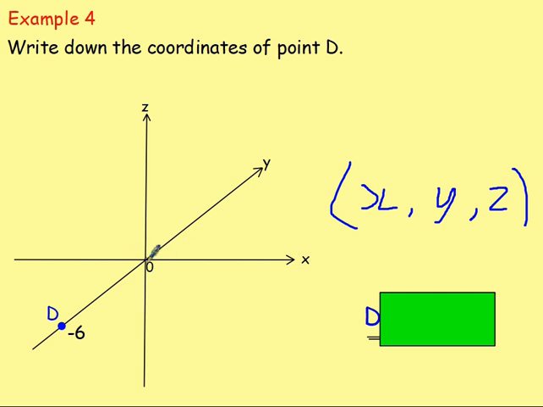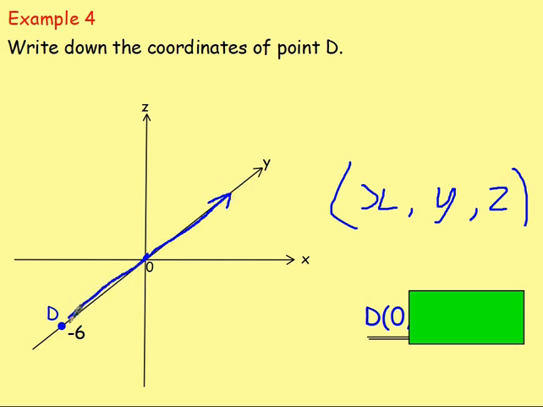Let's try this. So from the origin, how far along do we have to go in the x-axis to get to this point D? Do we have to go along here? No, we don't. That would just be daft. Do we have to go back in the y-axis either direction? Yeah, brilliant. So because the y-axis goes off in this direction, if we go in the opposite direction, it's going to be the negative values, which is why it says -6 here.